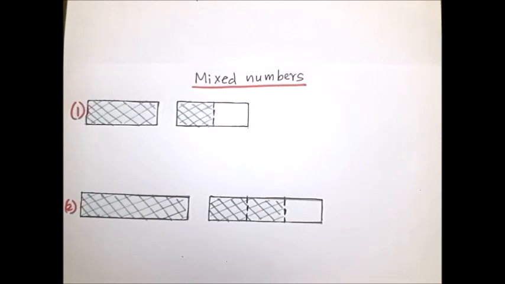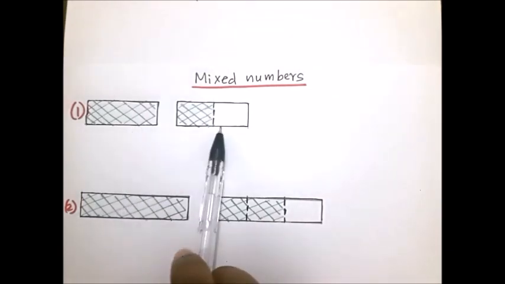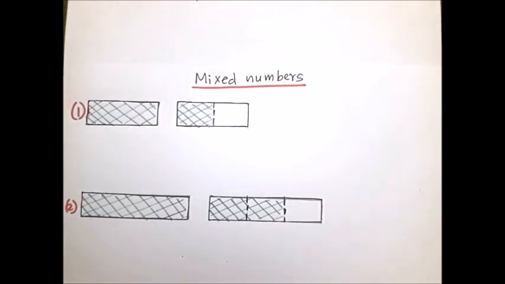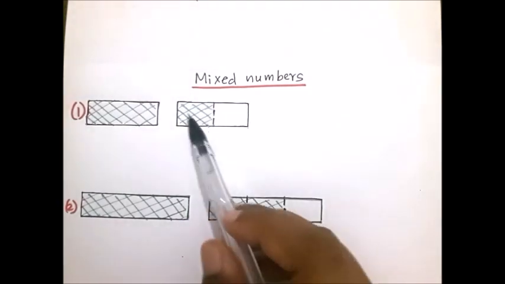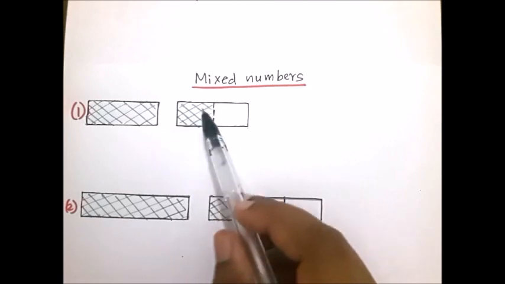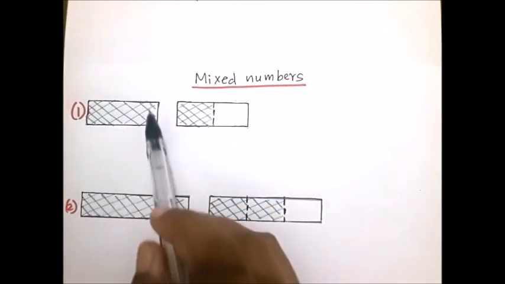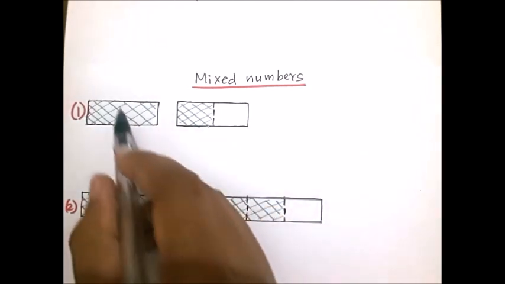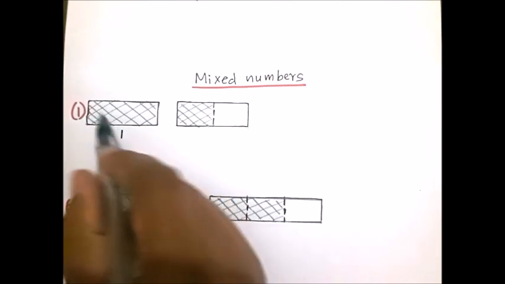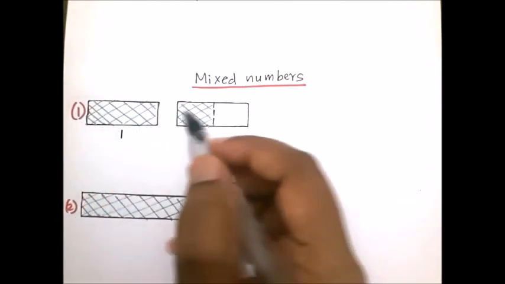Now look at these diagrams. I am going to represent mixed numbers using diagrams. Here you can see two rectangles of equal size. Here half of one rectangle is shaded and here a full rectangle is shaded. I am going to take this as 1 because this whole rectangle is shaded.